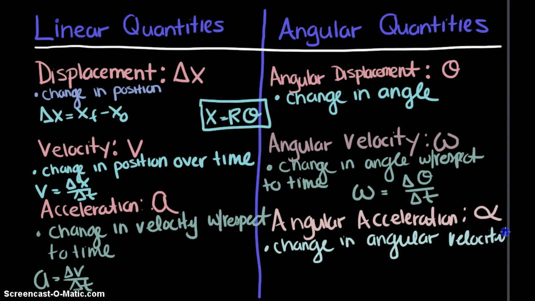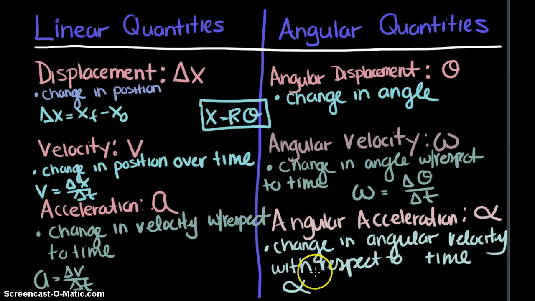So you can probably already guess what the math model for this is. Yep, you guessed it. Angular acceleration, this alpha here, is equal to change in this omega, angular velocity, over time. So each of these quantities on the left has this matching quantity when we think about rotational motion. So there's a couple of other things I want to talk about here.